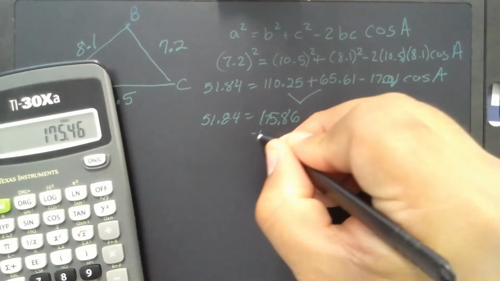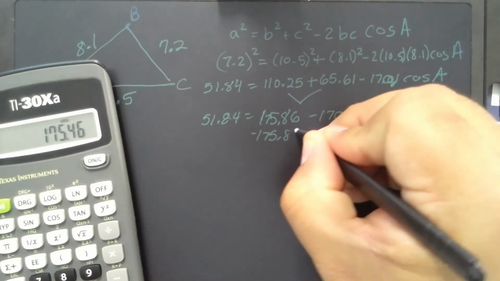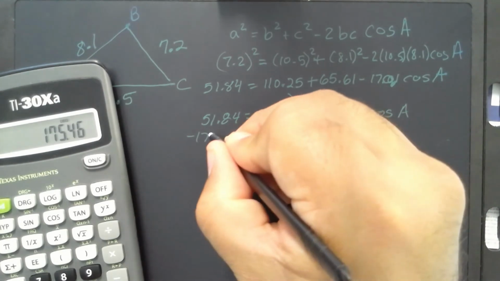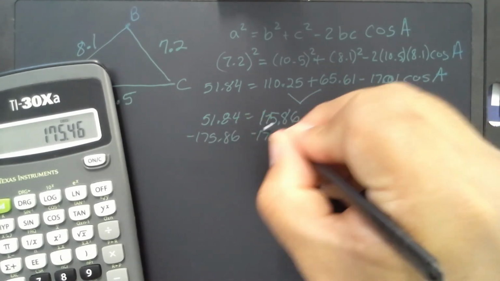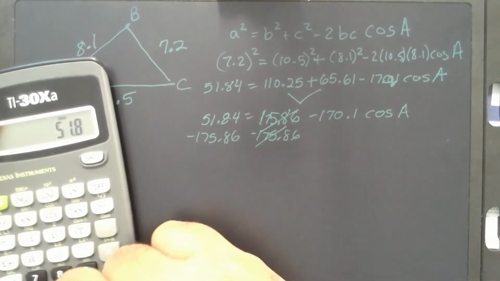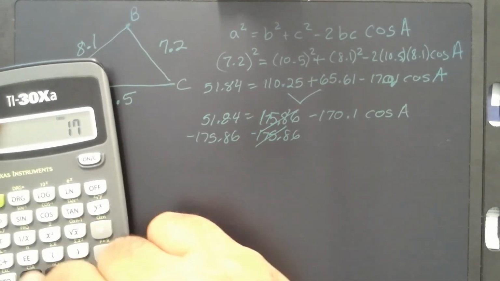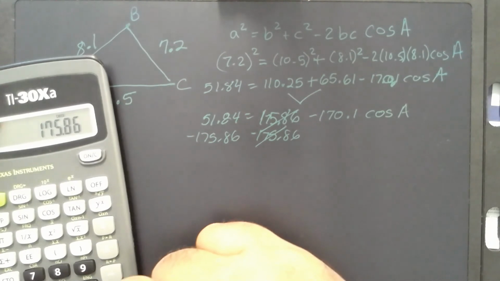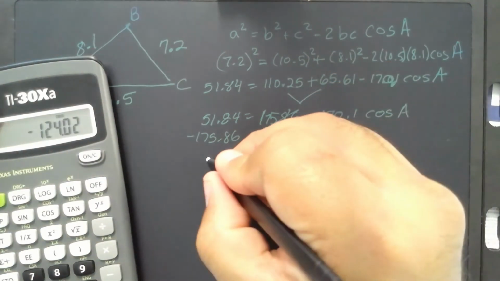So we subtract 175.86 from both sides. This will cancel out. 51.84 minus 175.86 is negative 124.02.